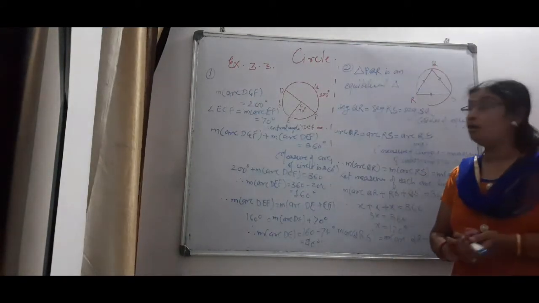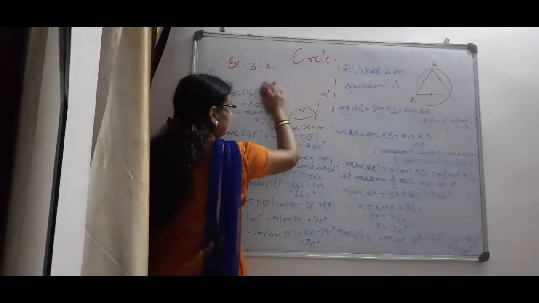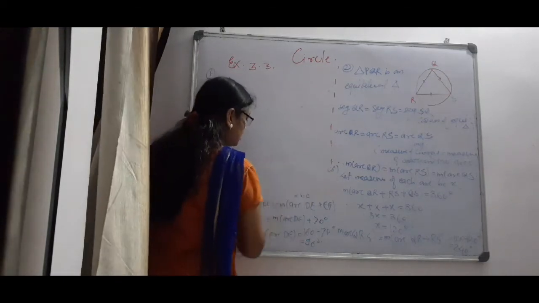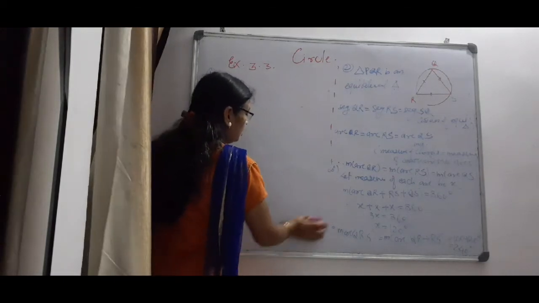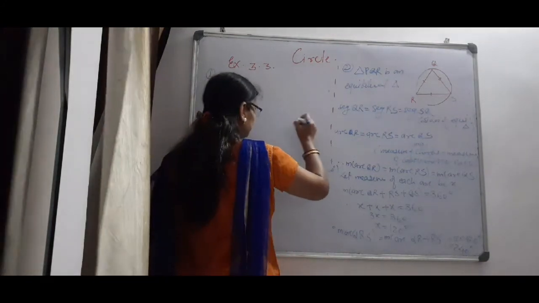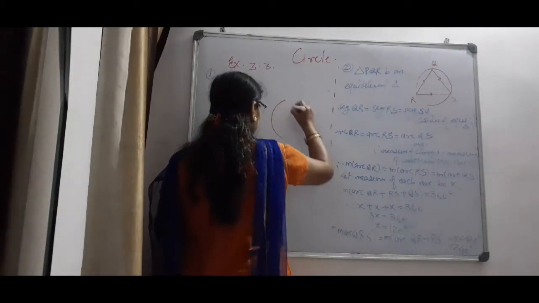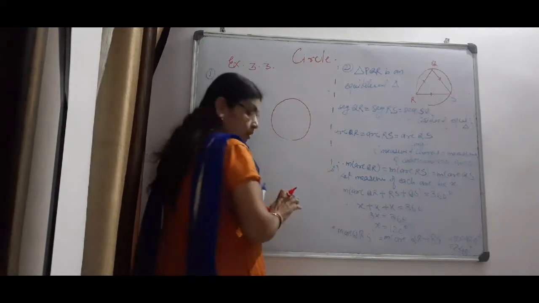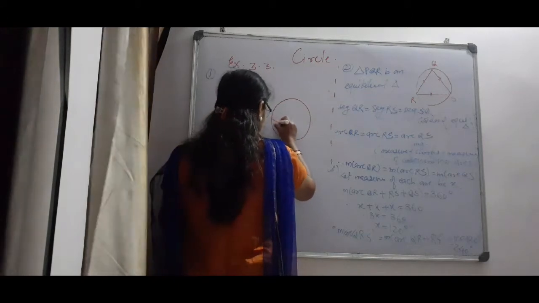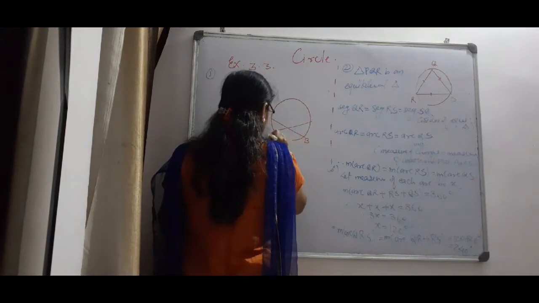Now let's see the third problem. In the third problem, a circle is given and two chords are given, chords AB and CD.